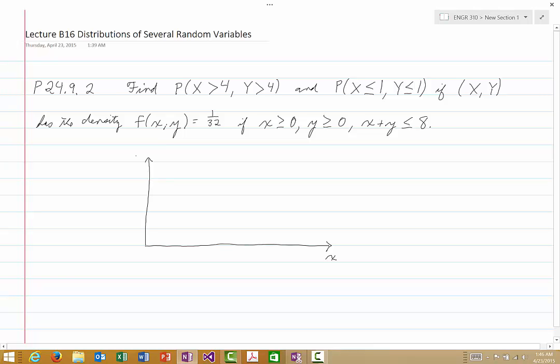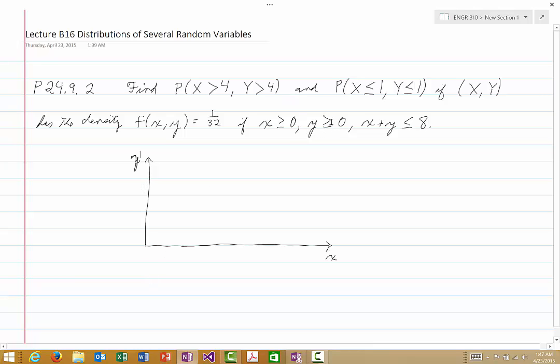Here is x and here is y. And we see that we're interested in x greater than or equal to 0. So that means we're interested in the half plane to the right of and including the y-axis.